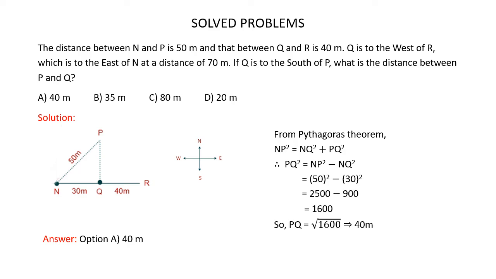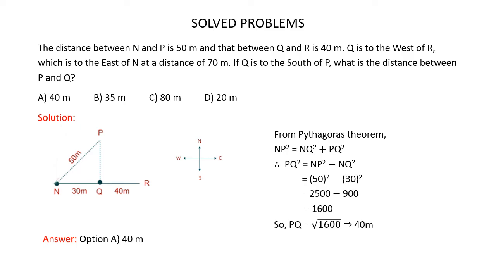Now we know that NP is 50 meters and NQ is 30 meters. So we have to find out the distance PQ. Since NP squared is equal to NQ squared plus PQ squared, it means that PQ squared is equal to NP squared minus NQ squared, which is 50 squared minus 30 squared, which is nothing but 2500 minus 900, which is 1600.